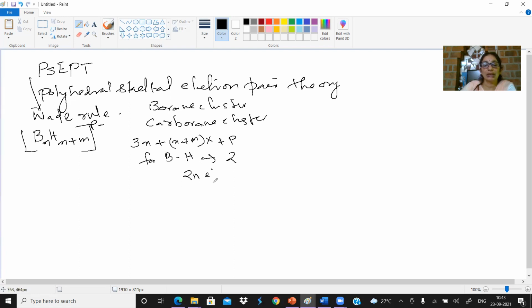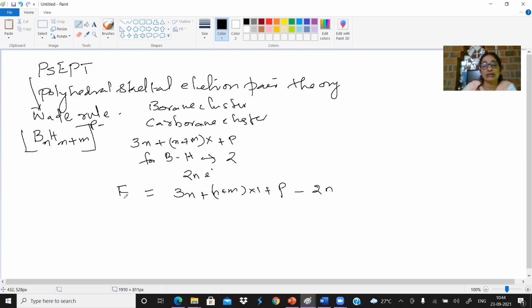Now, the remaining electrons are the framework electrons or the skeletal electrons. If the skeletal electrons are represented as F, then F is equal to 3n plus (n+m) into 1 plus p, minus the electrons taken for bonding, that is 2n. This will give you the total number of framework electrons.